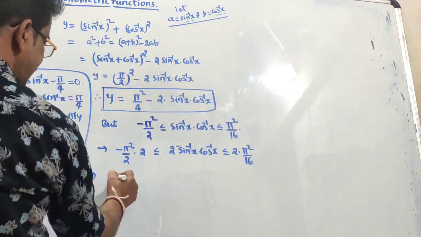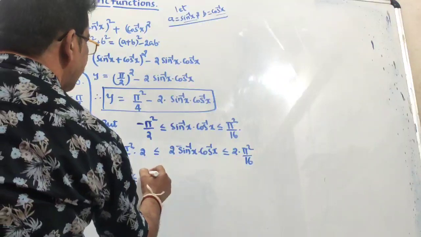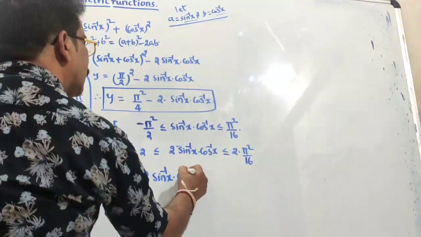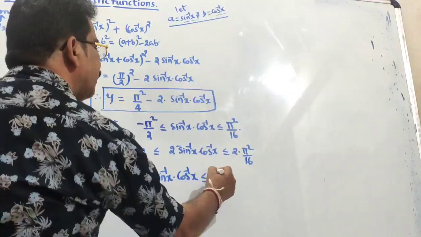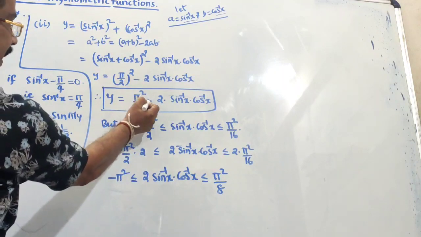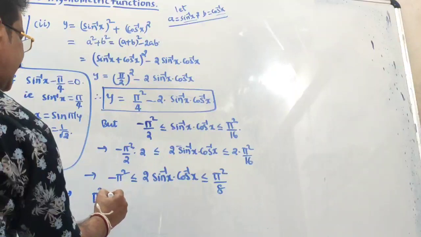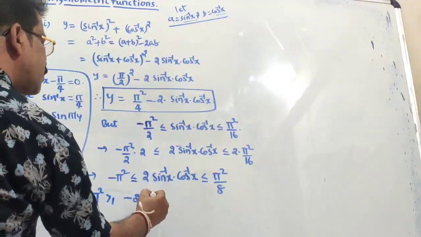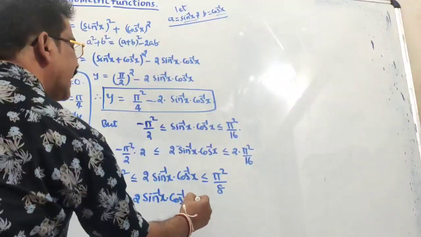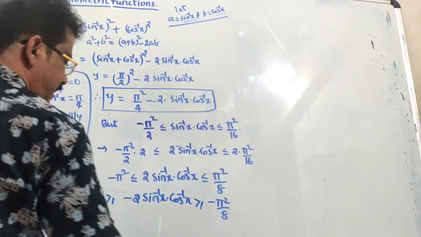So that implies, 2 cancel, it remains minus pi square less than or equal to 2 sin inverse x into cos inverse x less than or equal to pi square by 8. Later multiply with minus, so that implies plus pi square greater than or equal to minus 2 sin inverse x into cos inverse x greater than or equal to minus pi square by 8.